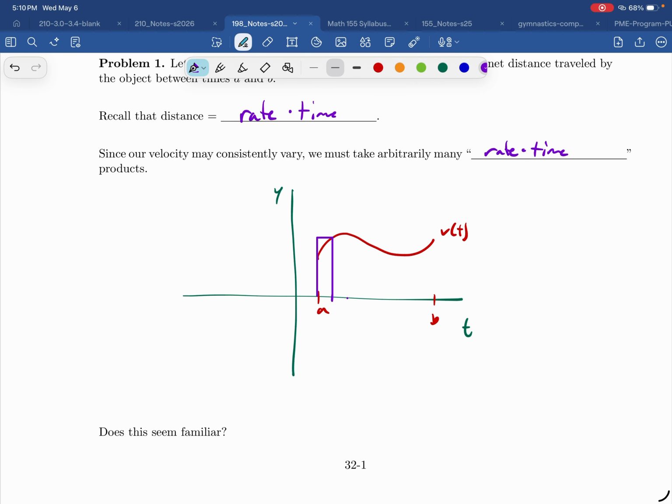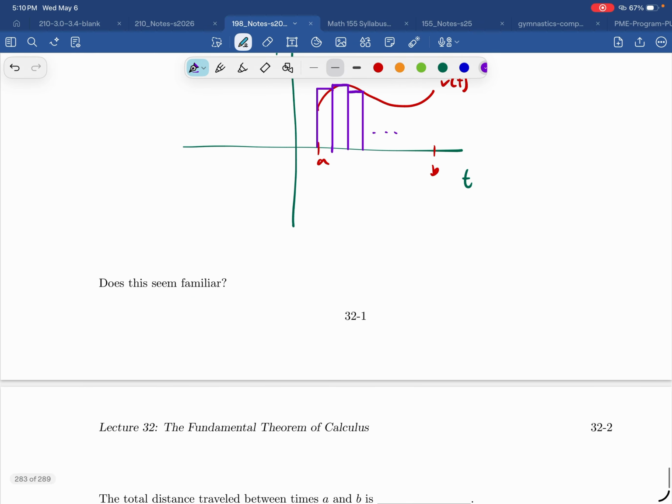And then we traveled roughly this velocity over that period of time. You see what I'm saying, right? And we could just keep doing this, right? We could keep adding up these distance times time products and get a rough approximation of the total distance traveled. Does that seem familiar? I hope it does.